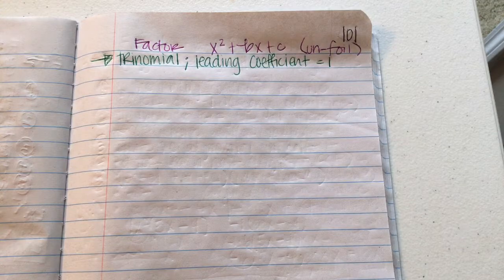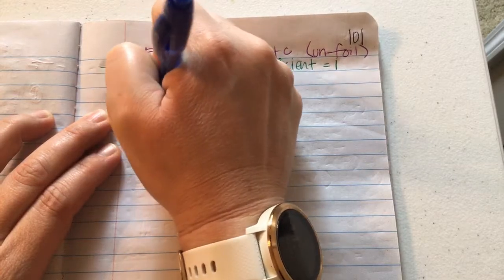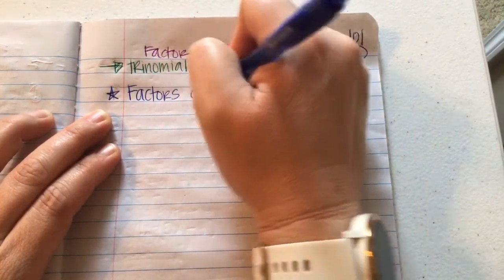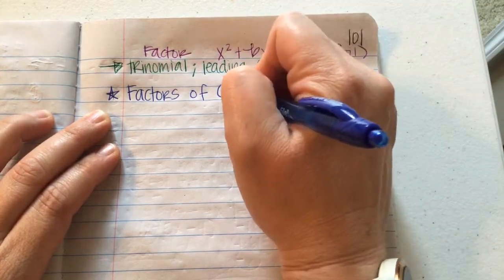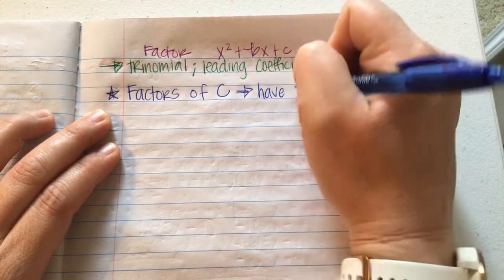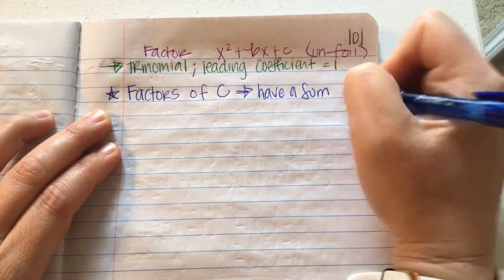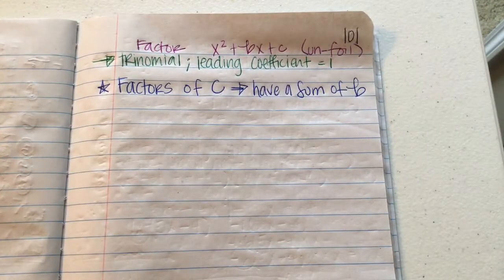So you have to ask yourself, every time you look at one of these problems, this question. What factors of C, so the constant at the end, have a sum of B? Does this sound familiar?